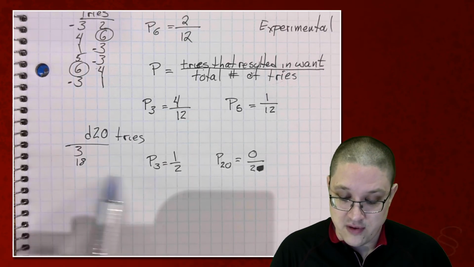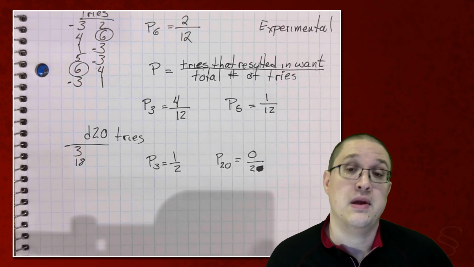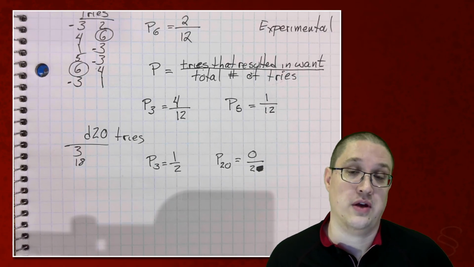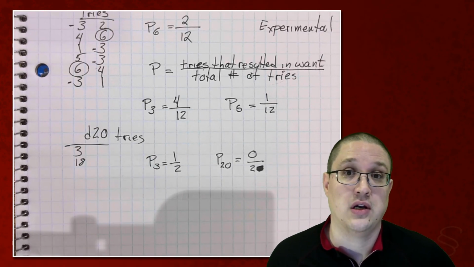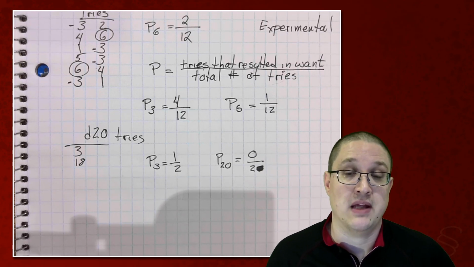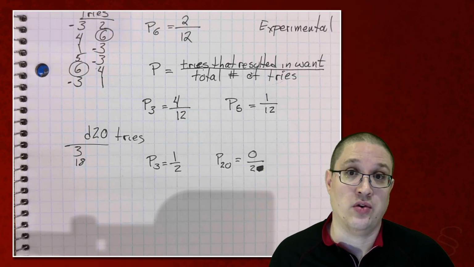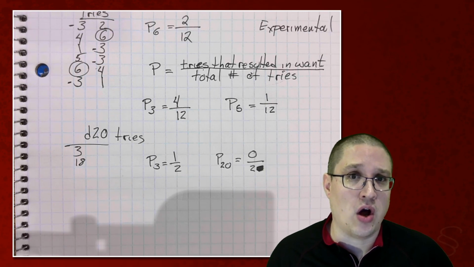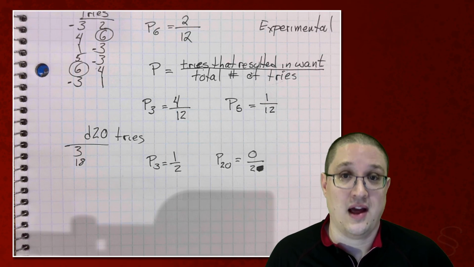So the number of tries that you have for your experimental probability is really important, because for some things you can't do theoretical probability, or the theoretical probability might not match. How many people prefer Coke to Pepsi? That depends on who you ask. You need to ask a lot of people to get a good result for that, because it's probably not split 50-50 either way. I hope you have a great day, and I'll see you in the next video.